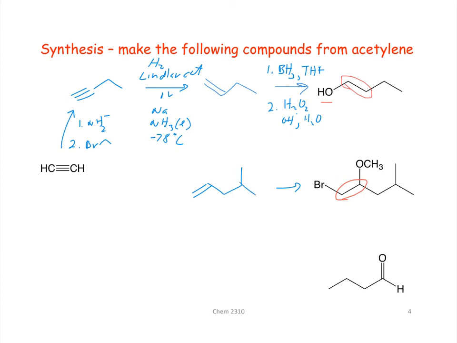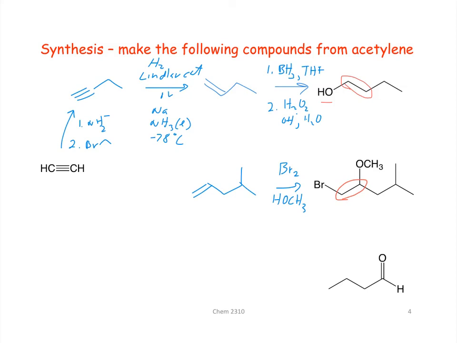And how can we put a bromine and this methoxy group on at the same time? Remember that we can use bromine in methanol. The bromine reacts with the alkene to form the bromonium ion, and then the methanol acts as a nucleophile, and it comes in at the more substituted end. So that would give us that product.